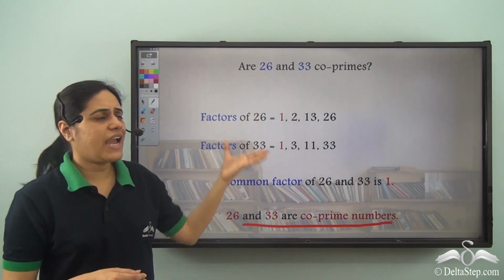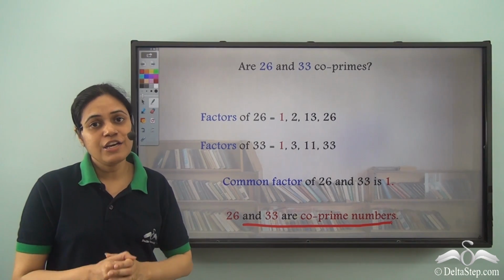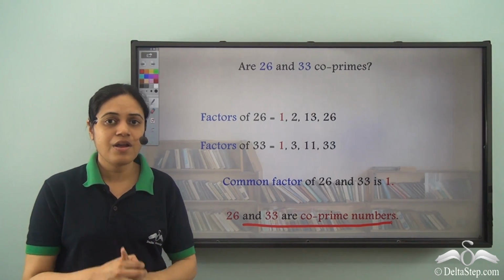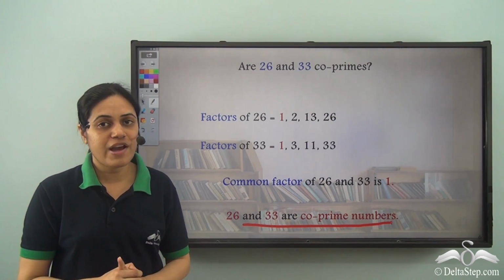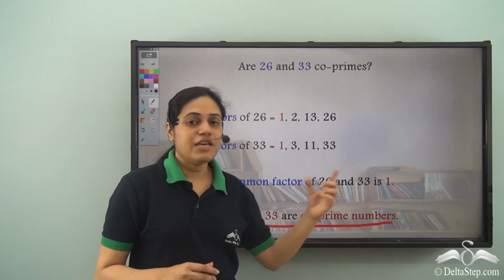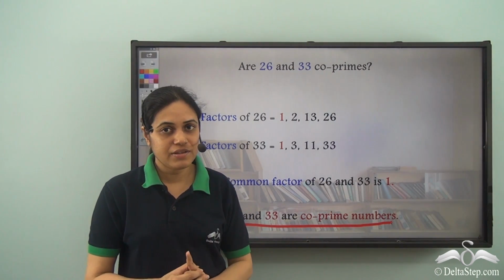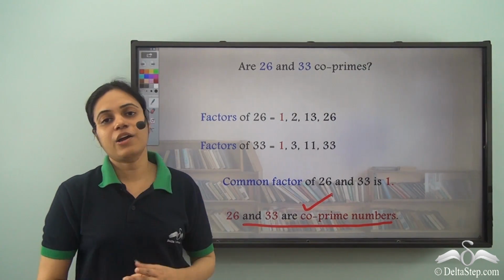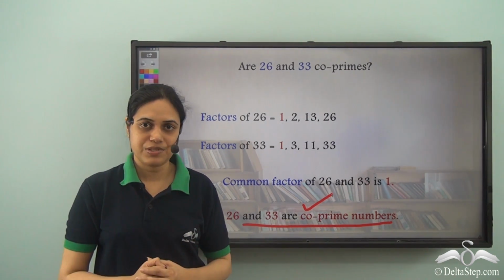So you take any two numbers and you will find that 1 will always be there in the list of the common factors of those two numbers. But when 1 is the only common factor, that is when we say that the numbers are co-prime numbers.